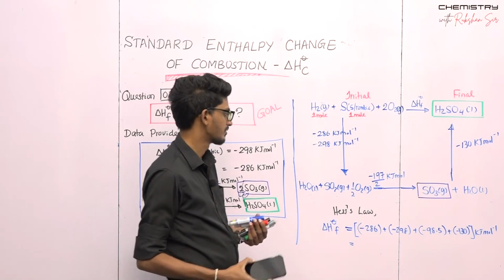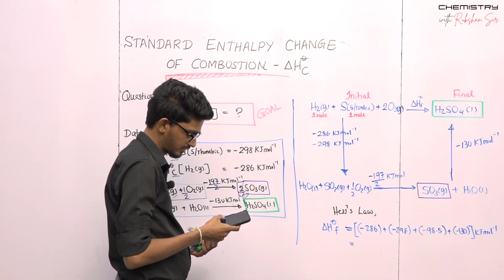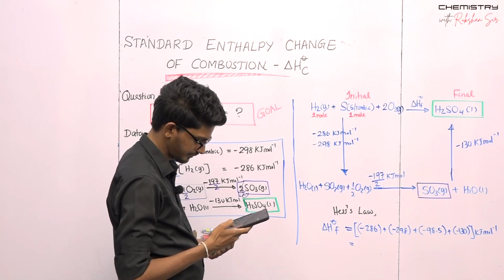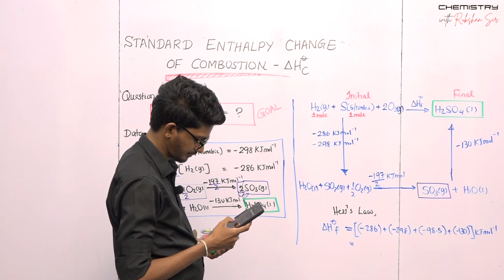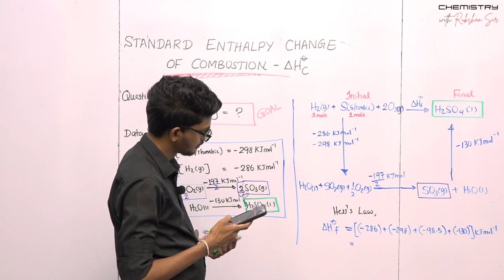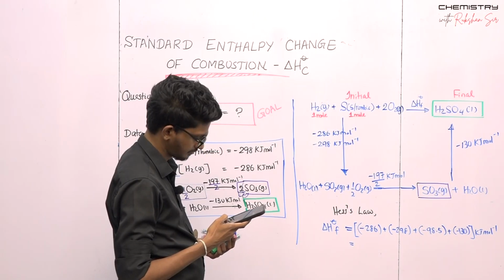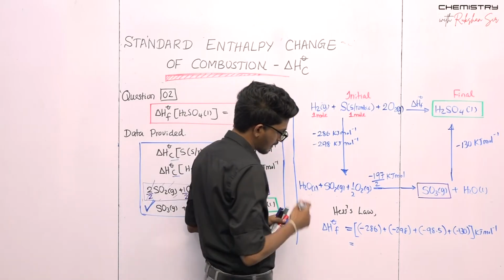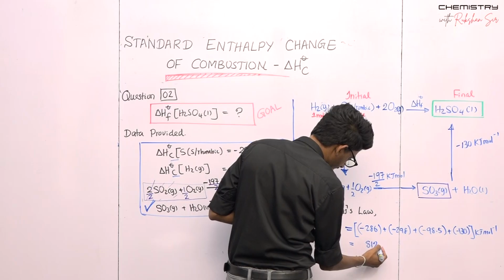You can complete the stuff while I am doing the simplification. Right, it is 812.5.